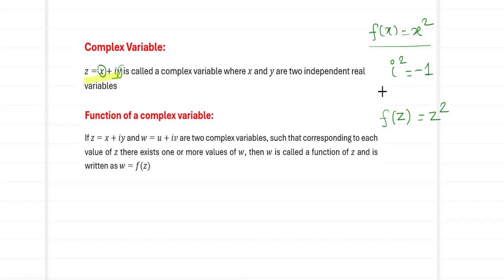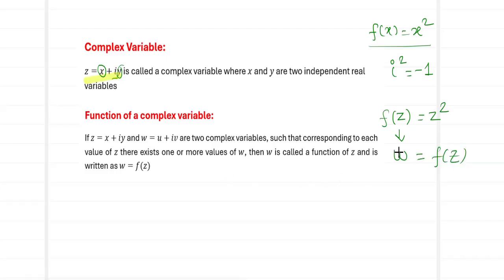So now this kind of function where I use complex variable to define a function will be referred as a complex function. This f of z will now be represented by the variable called as w. So I say w is equal to f of z.